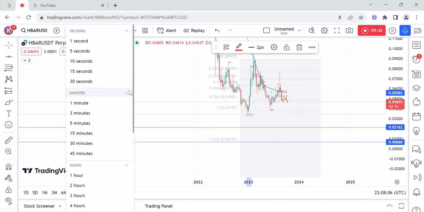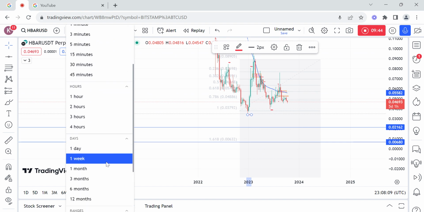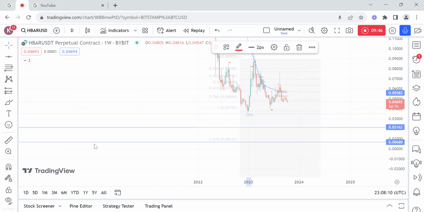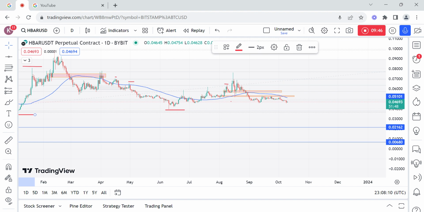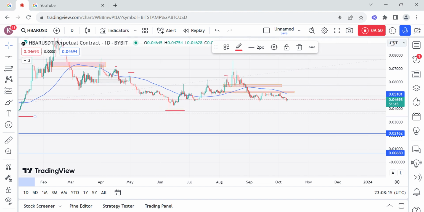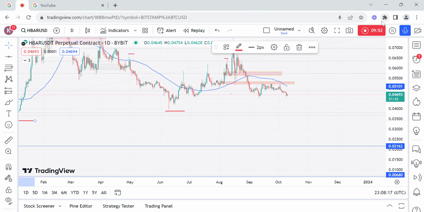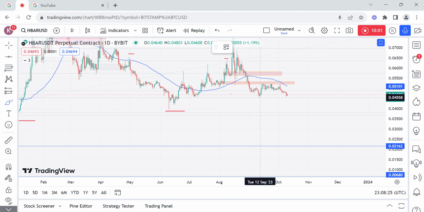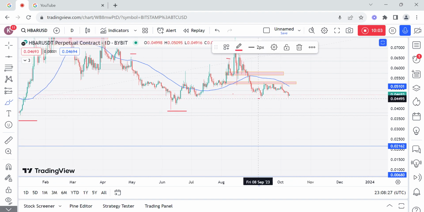And let's go to the daily. I'm sure there will be some kind of double bottom that will need to be cleared as well. Okay, so let me zoom in. What do we see? This is almost like a double bottom here. So this is the low that retail traders bought.